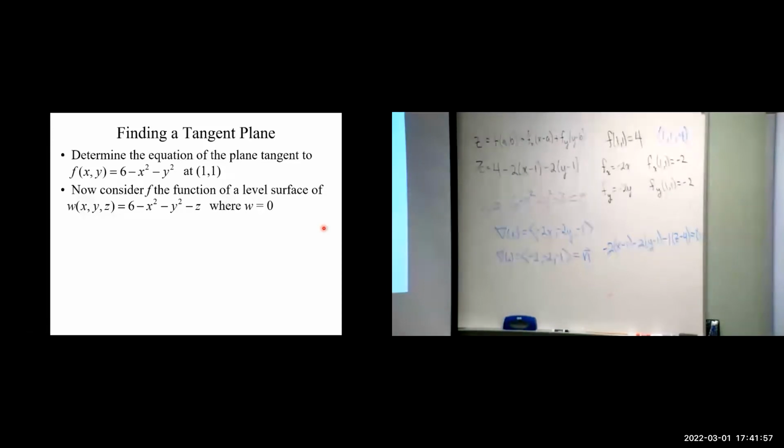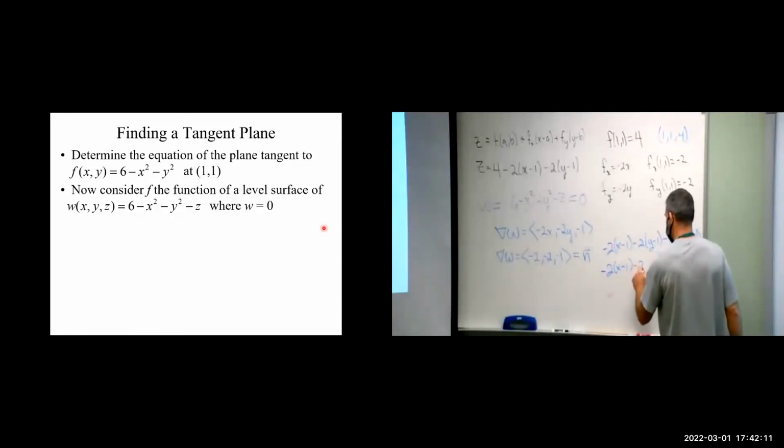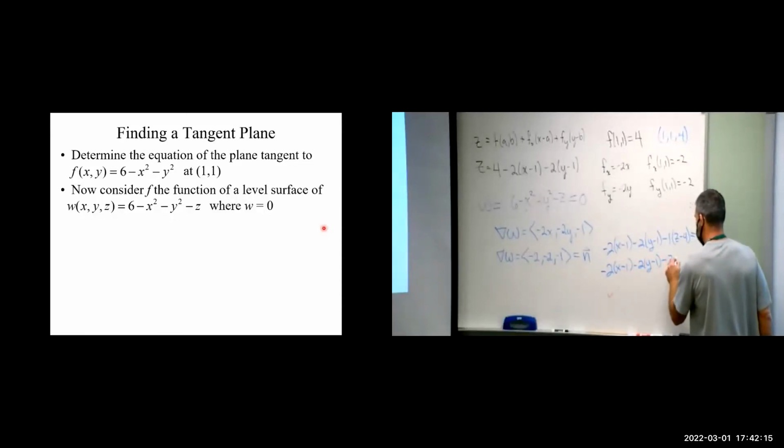Now the question could emerge, okay, are these the same plane? Well, let's do this. I'm going to distribute that minus 1. So minus 2 times x minus 1, minus 2 times y minus 1, minus z plus 4 equals 0.